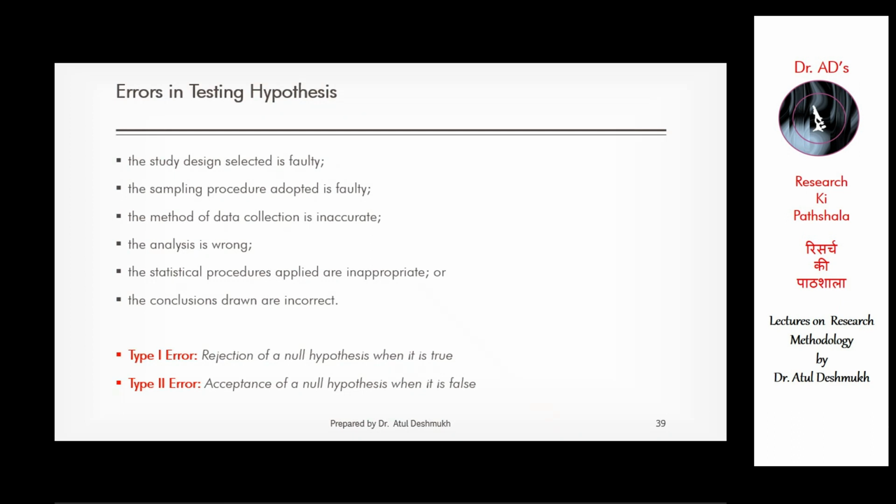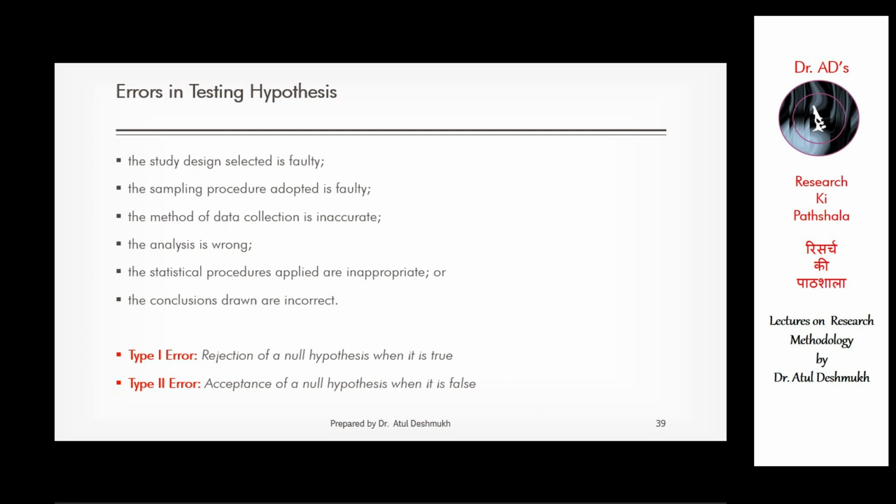If I purposefully select, then it is not a random sampling procedure. So try to apply random sampling to minimize errors in the study. If you apply purposive sampling, then there is a possibility of errors in your hypothesis. It is accepted for qualitative research, but for most quantitative research, try to apply random sampling. The details will be discussed under the sampling chapter. There is a separate chapter on the sampling procedure.